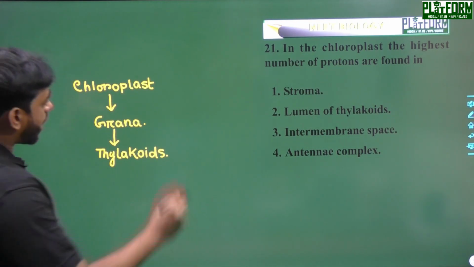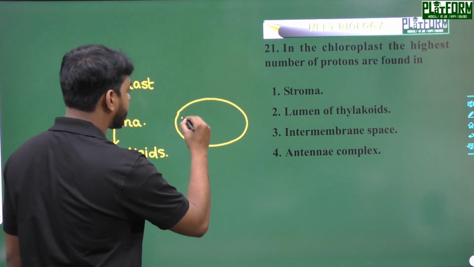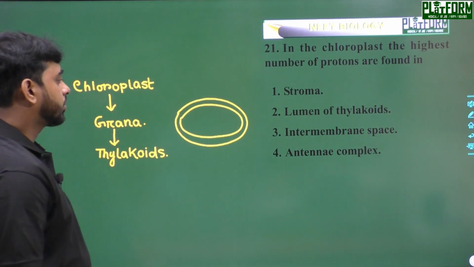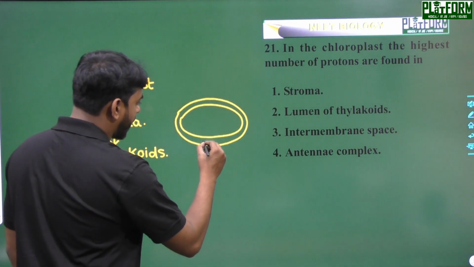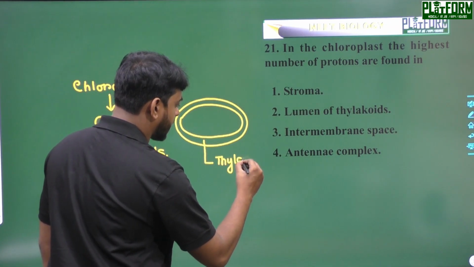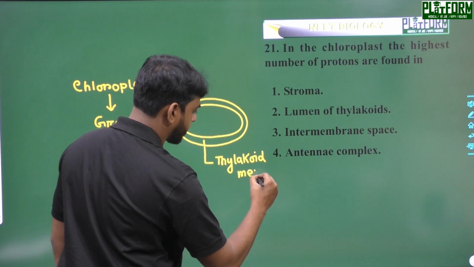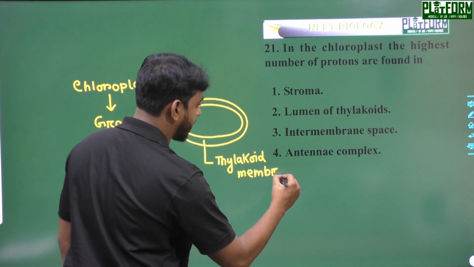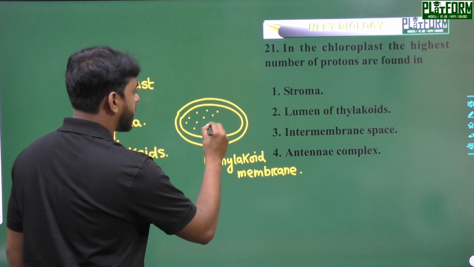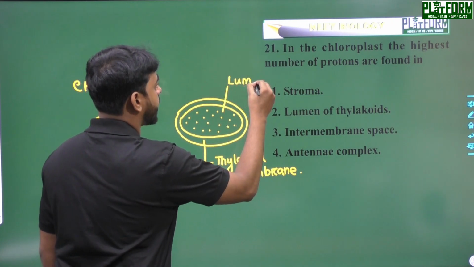Fine. Now if you see the structure of a single thylakoid, please observe that the thylakoid is made up of a membrane that is known as the thylakoid membrane. Inside the thylakoid membrane there is an area, and this particular area is known as the thylakoid lumen.